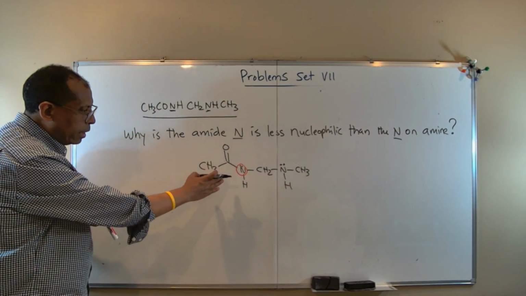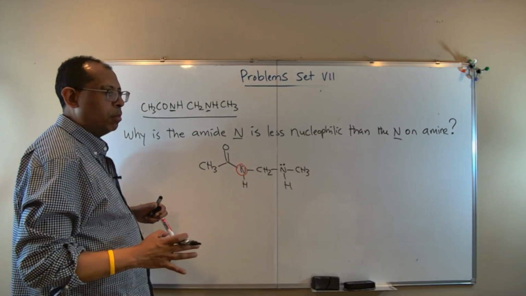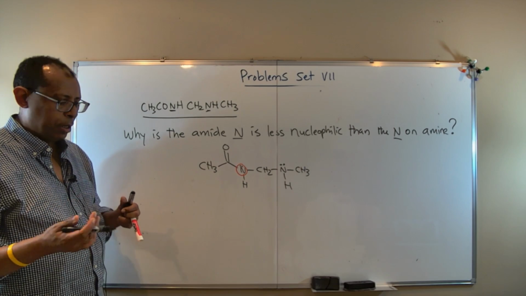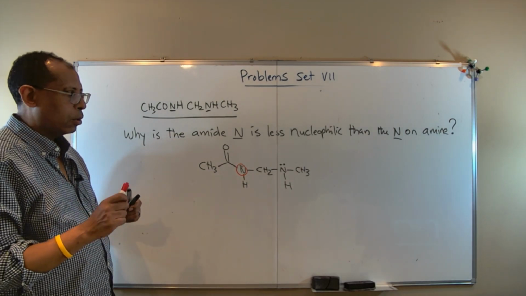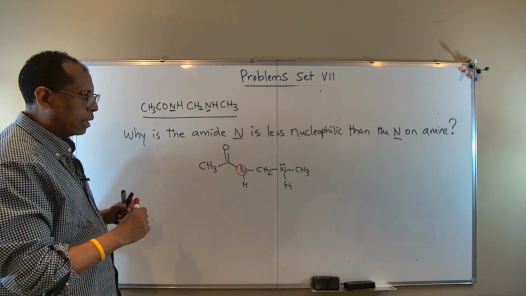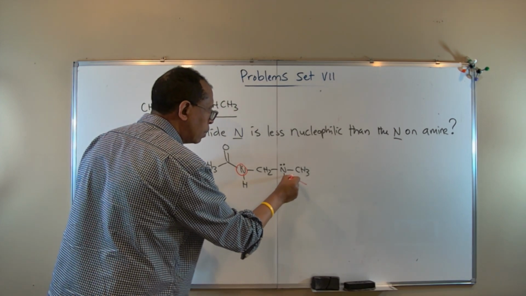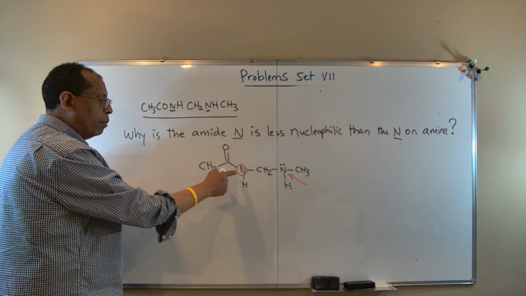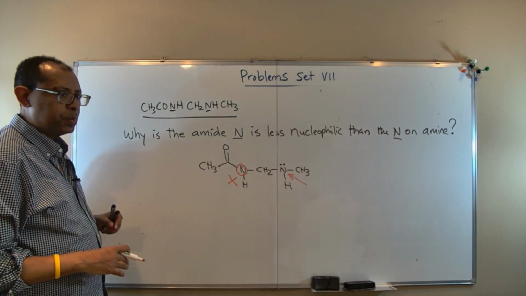So why is this less nucleophilic than this? That means if you were to run a nucleophilic substitution, the nitrogen that goes and attacks the leaving group or the carbon is this one, which is more nucleophilic, but not this one. So this is less nucleophilic.